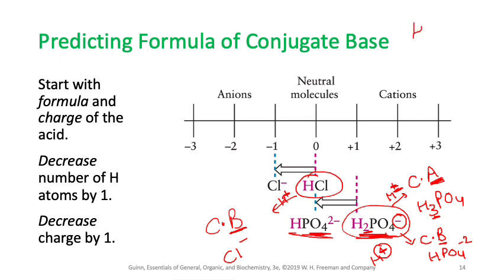If you have HSO4 negative 1, what's the conjugate acid and what's the conjugate base for this compound? For the conjugate acid, put one hydrogen or proton on the parent molecule. So you're going to have H2SO4.